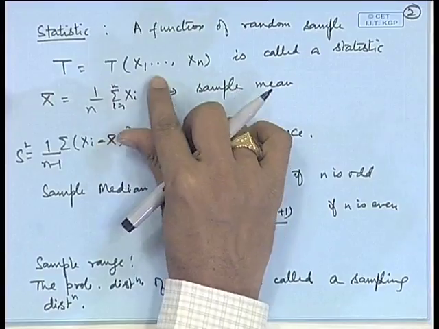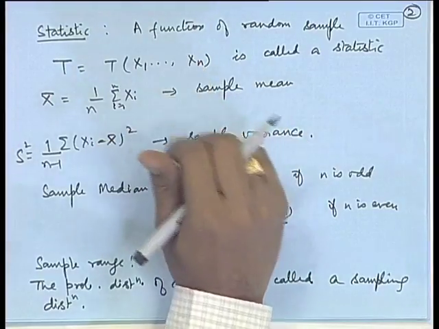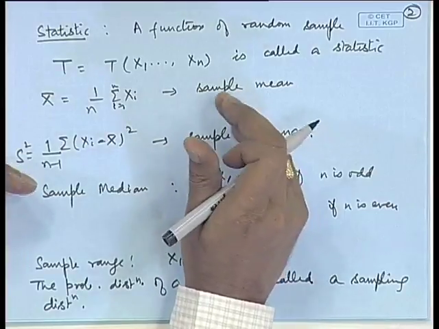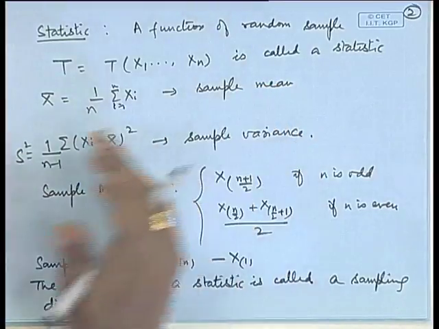That means we may consider one variable as T(X1, ..., Xn) and define some other variables, say U1, U2, ..., Un minus 1, so that we have an n to n transformation, and we may determine the sampling distribution using any such technique.